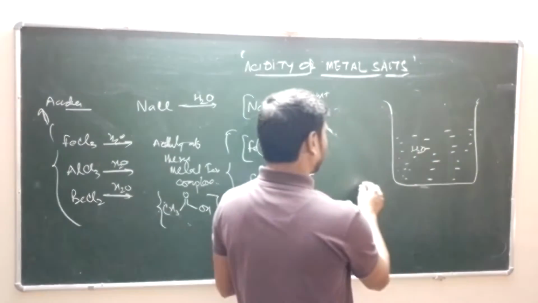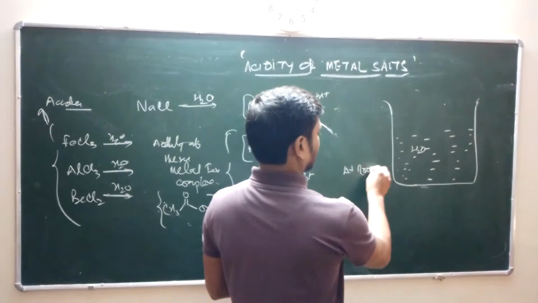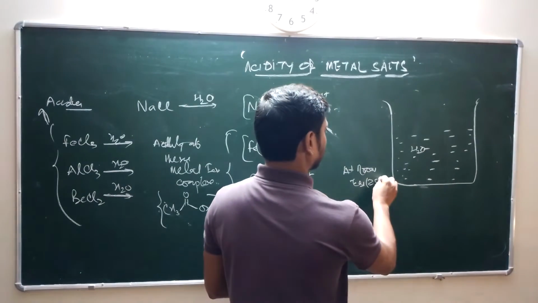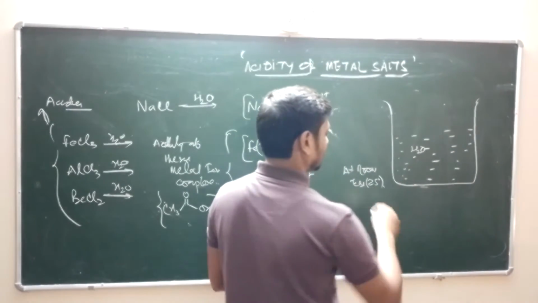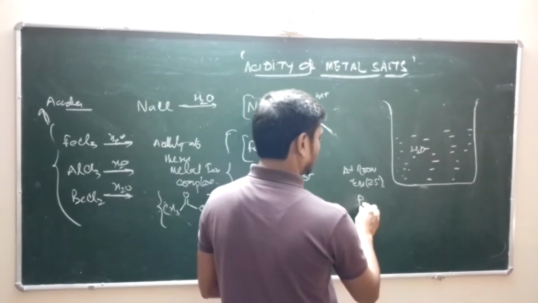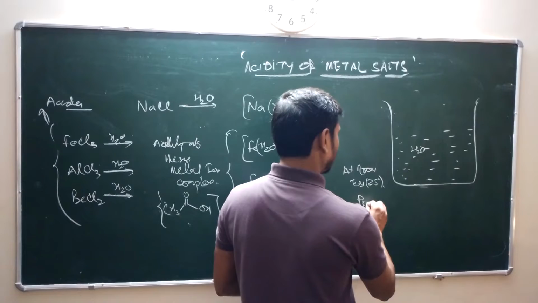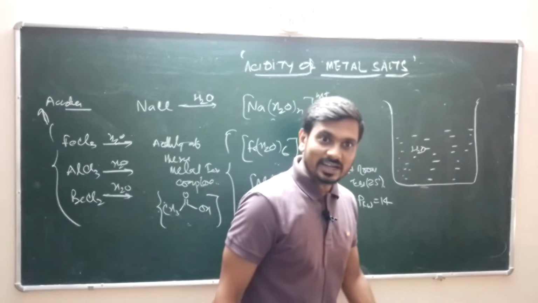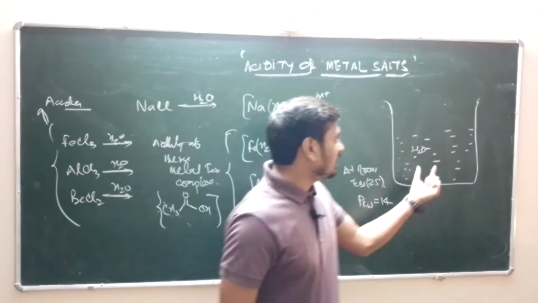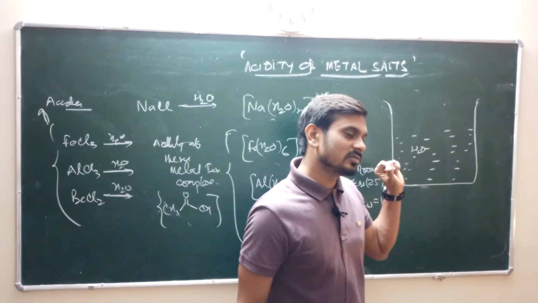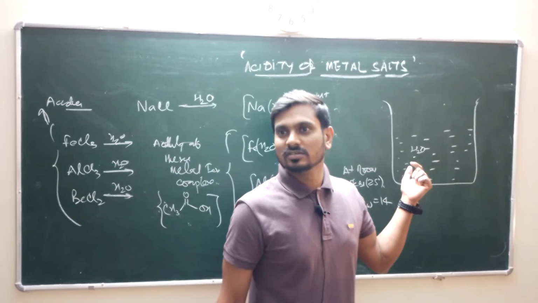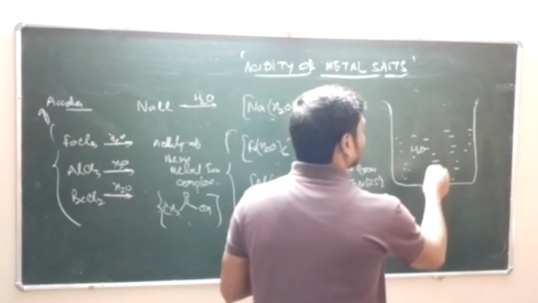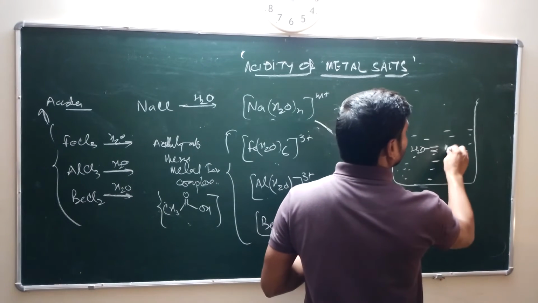Now tell me, at room temperature, meaning 25 degrees centigrade or so, the pKw of water is what? 14. Why is this so? At room temperature, will water get ionized or not? It will not fully ionize. It will be partially ionized.